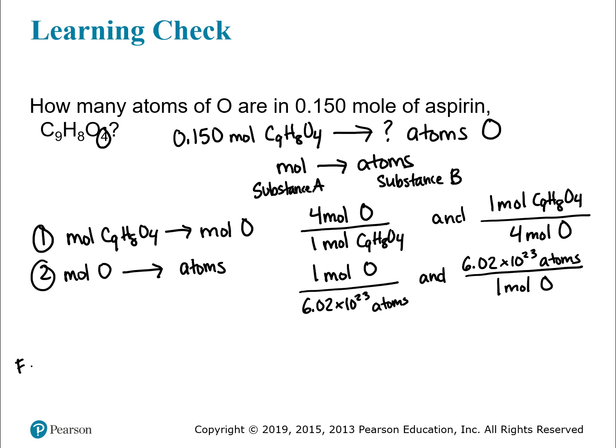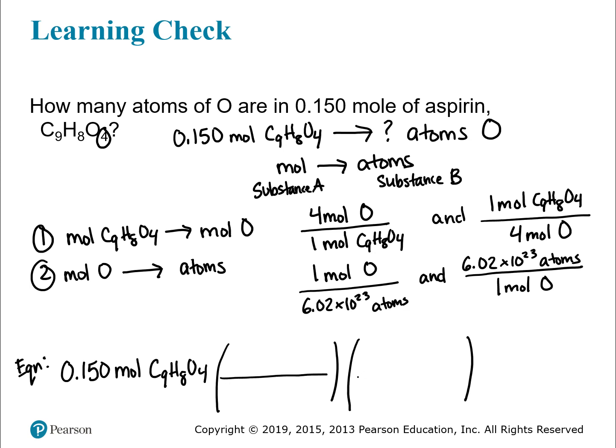Then we set up our equation. We're starting with the number of moles of aspirin. And with our plan, we said we're going from moles of aspirin, and our first conversion factor should get us to moles of oxygen.